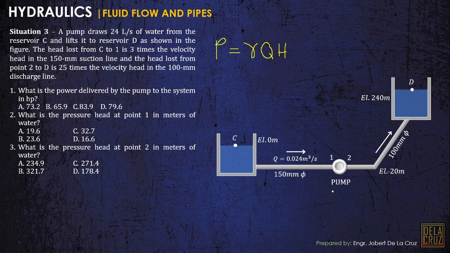But, ito yung i-take note nyo. Pag reservoir, if this is the water line, then the velocity here, the velocity of flow is negligible. So, that means that the velocity at point C is 0. Okay? Always yan basta reservoir. And also, since that is a water surface or a free surface, the pressure head is equivalent to 0 rin.